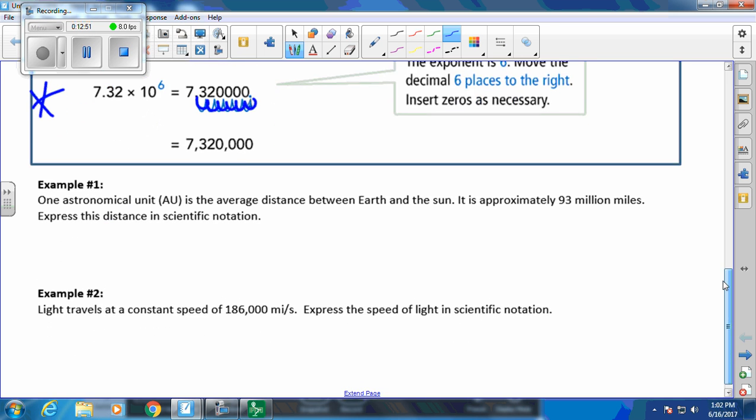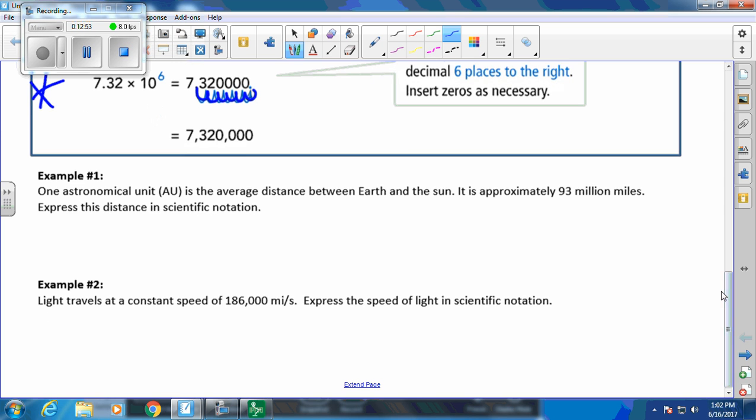So, question number 1 says that 1 astronomical unit, an AU, is the average distance between the Earth and the Sun. So it is approximately 93 million miles. They want us to express this distance in scientific notation. So the first thing we need to do is write 93 million miles in standard form.